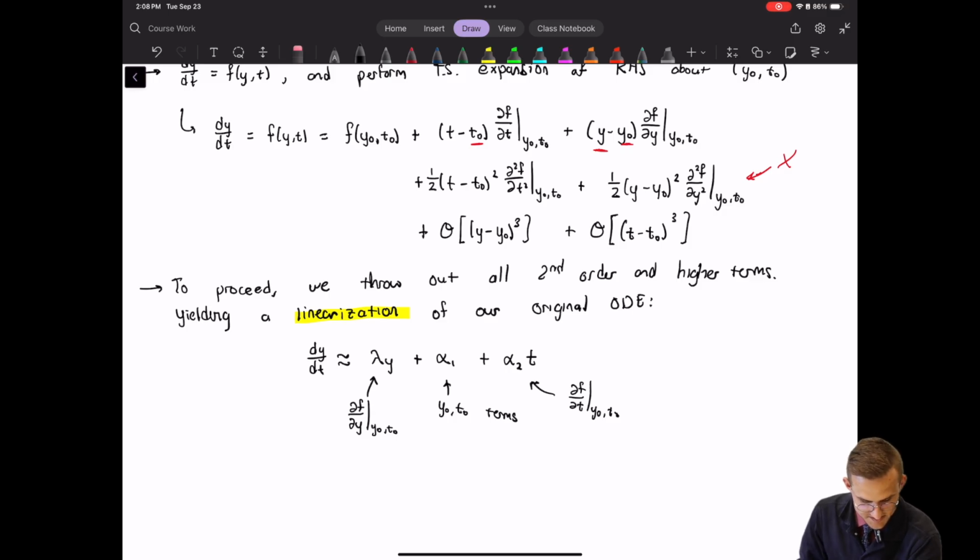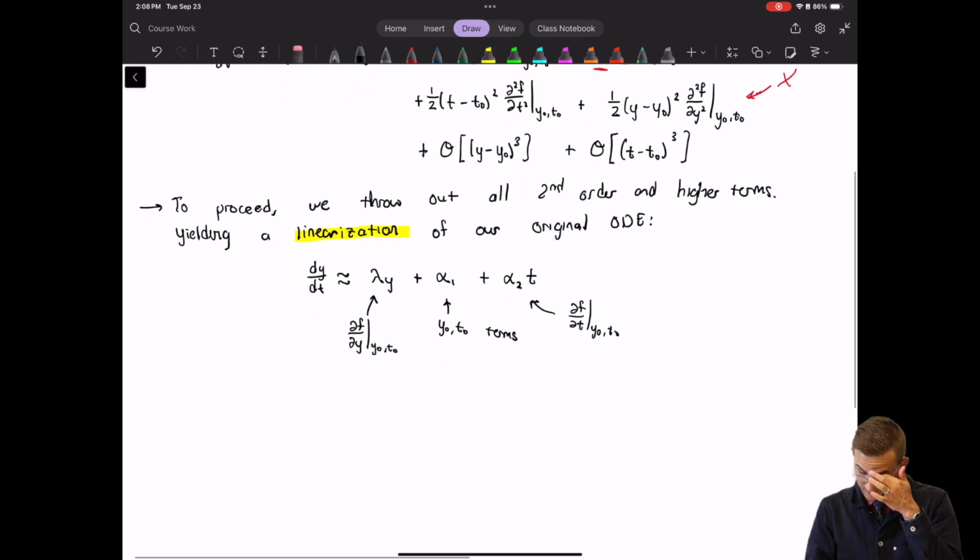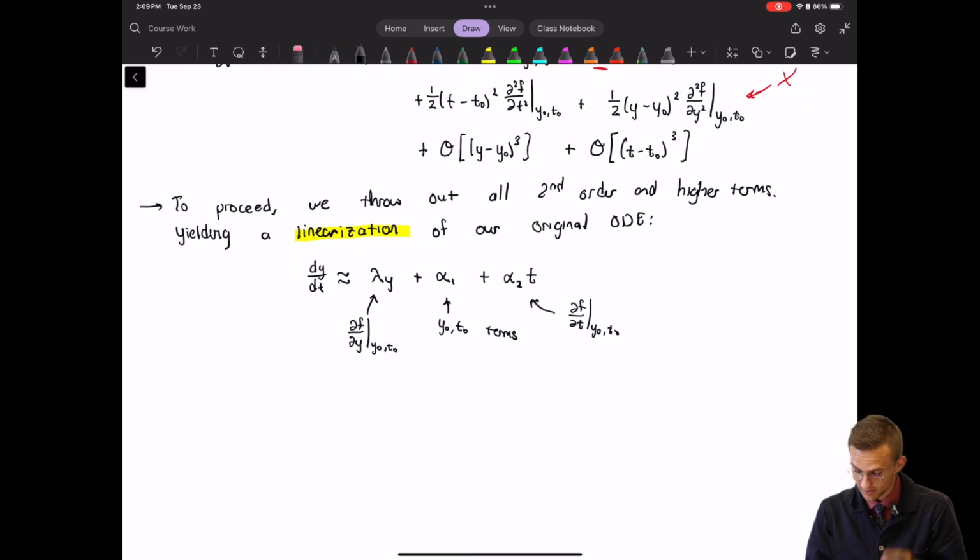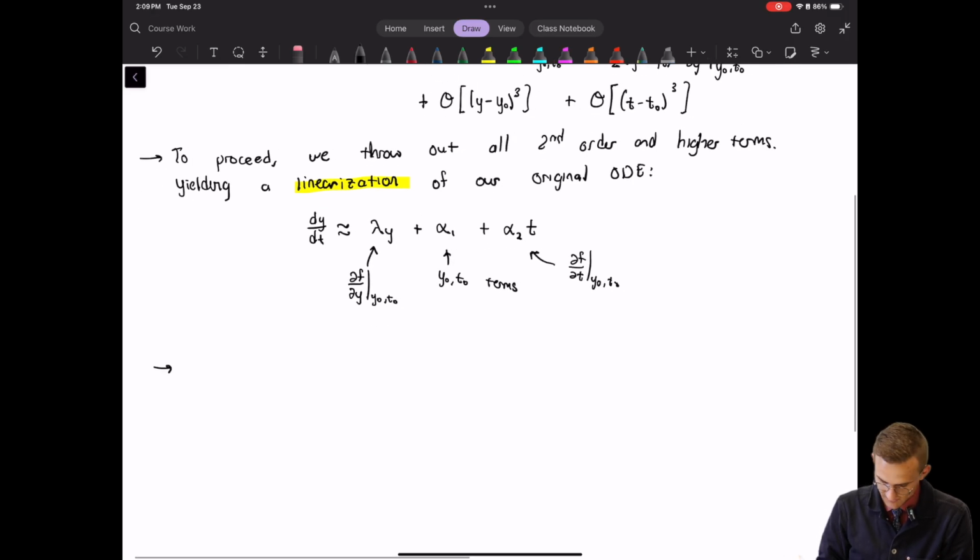Now remember, this is just a representation of the first order behavior of our ODE. So the solution to this differential equation is not going to be exactly correct, but it's going to be correct to first order. The most dominant behavior is going to be captured here. So let's think about what this solution is for a second. Let's categorize this equation.